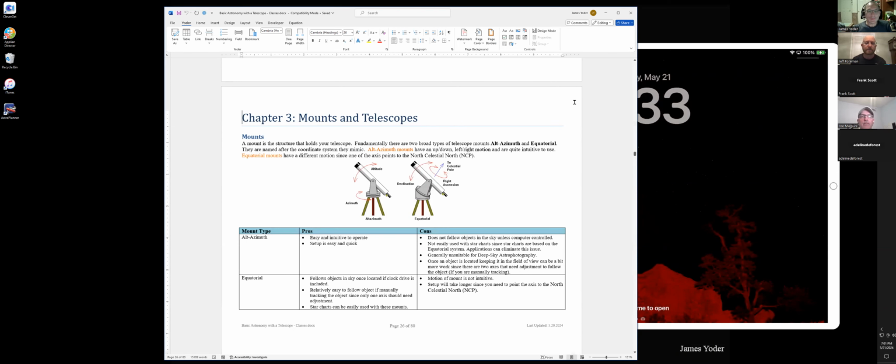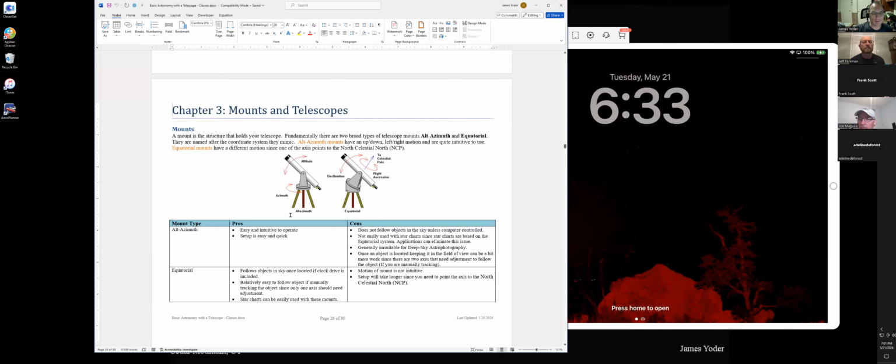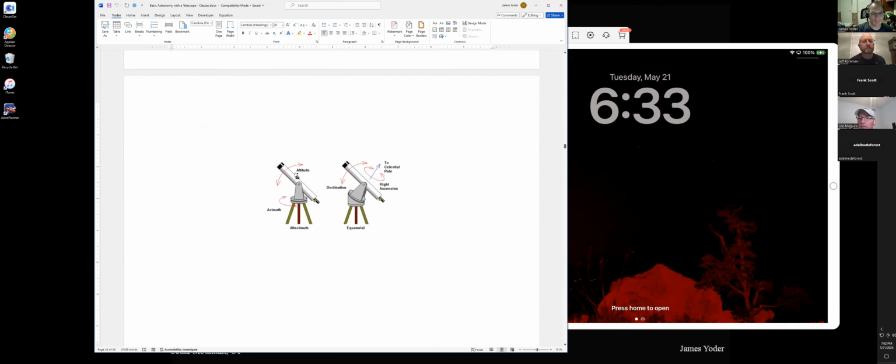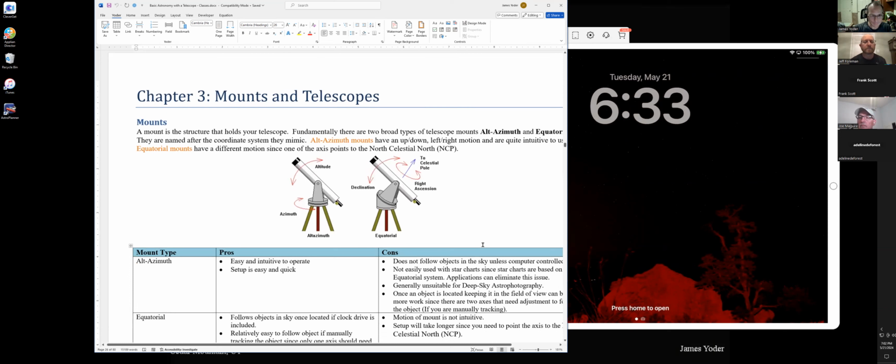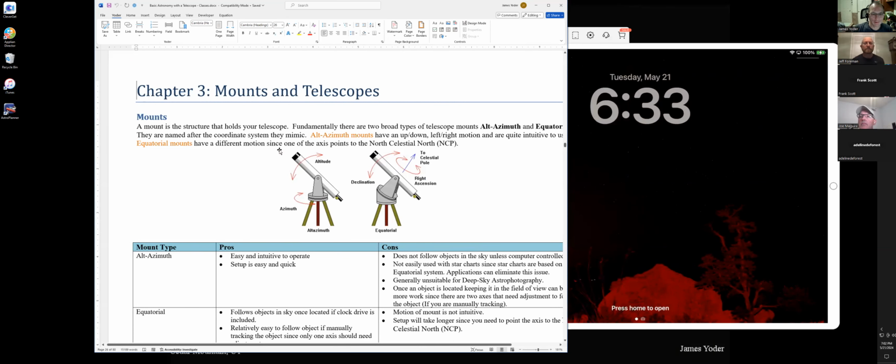So there's essentially two types of telescope mounts. There's the Alt-Az mount, which is this light here. Let me increase the size so you can see that, which goes up and down, left and right. Pretty much follows the compass in motion and goes up and down. And then there's equatorial.